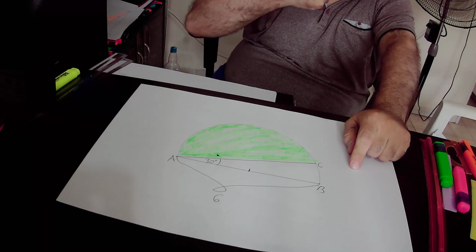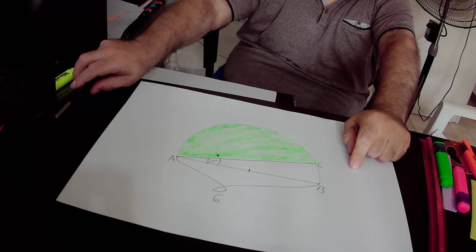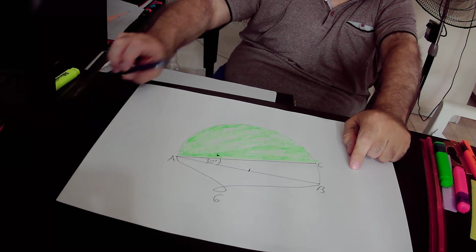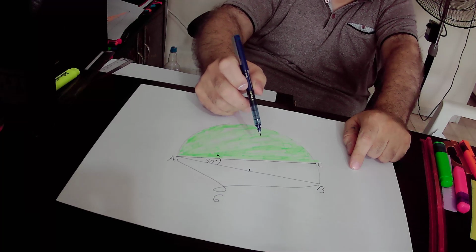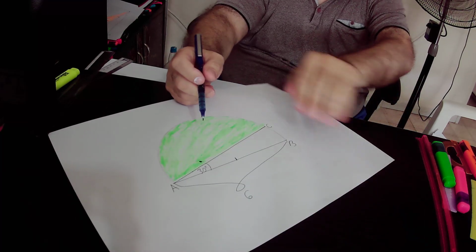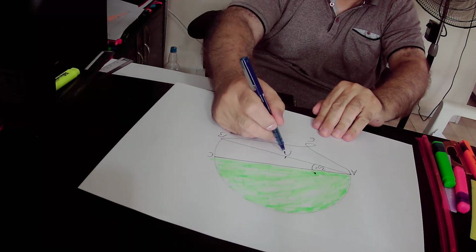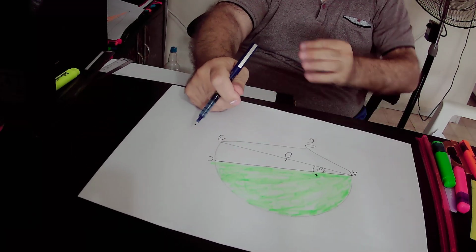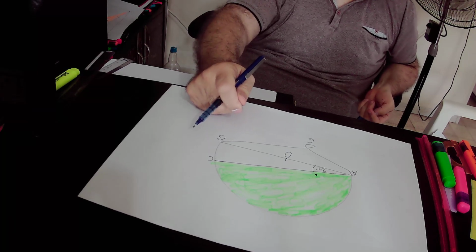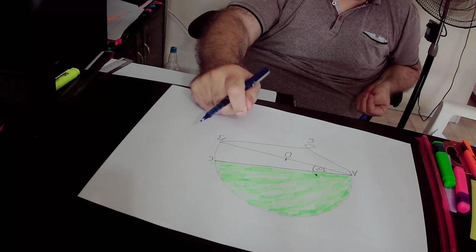Okay, so first of all, we will define the center of this semicircle as O. We know that the radius of any circle or a semicircle is half of the diameter.